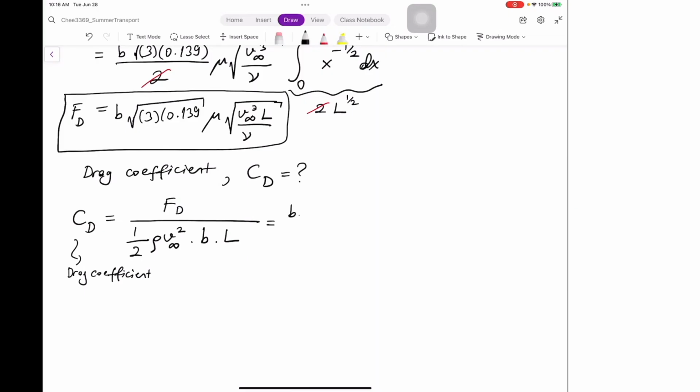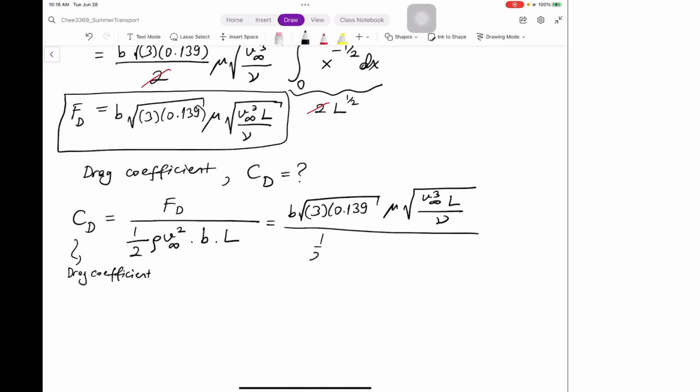Let's write down B square root of 3 times 0.139 mu square root of V infinity cubed L over nu, divided by 1/2 rho V infinity squared B times L.